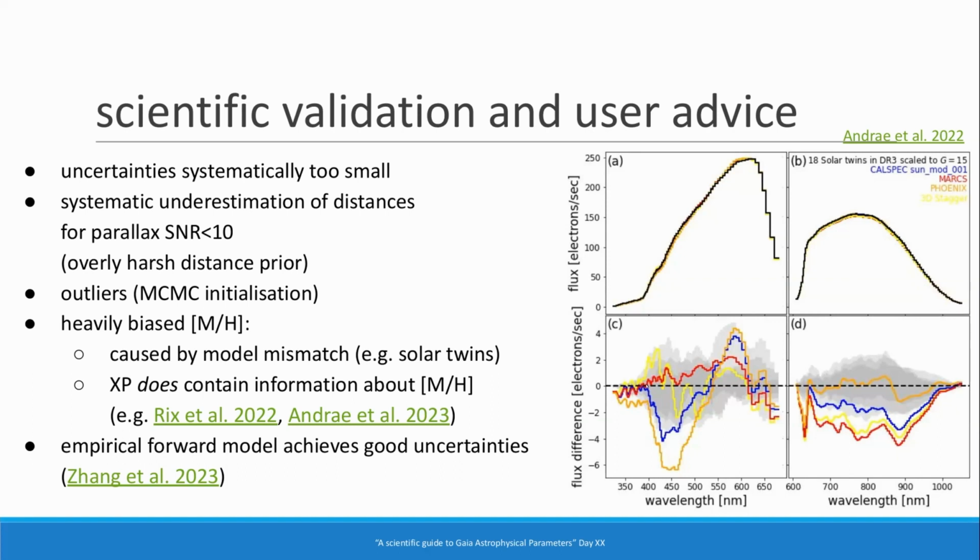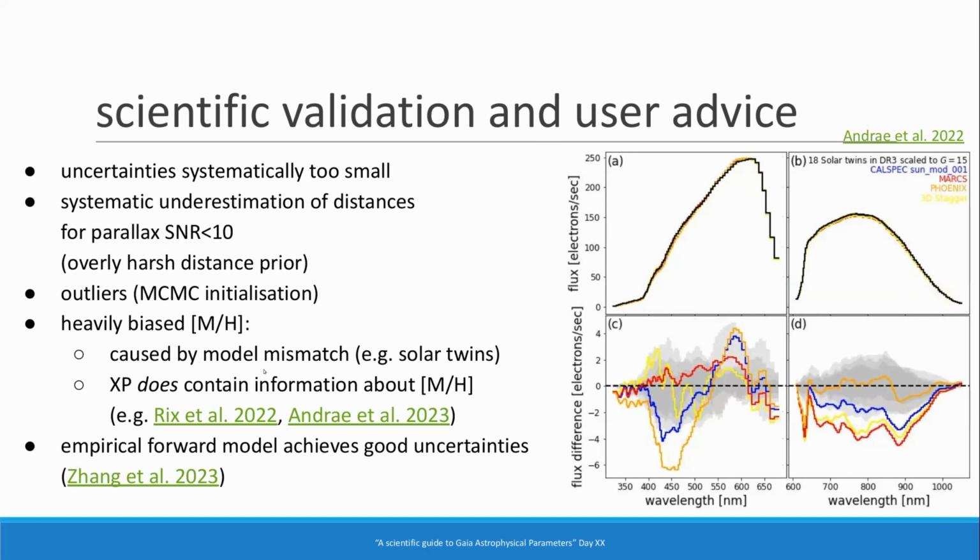And as you can see, the different models produce very different predictions, and none of these predictions really matches the data. And the gray contours show you, yes, this is easily detectable in BPRP.